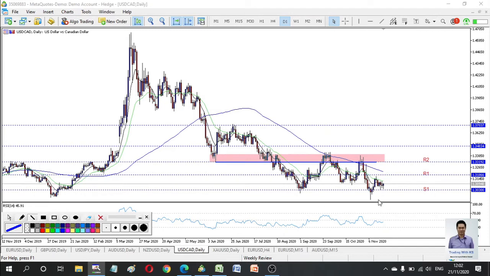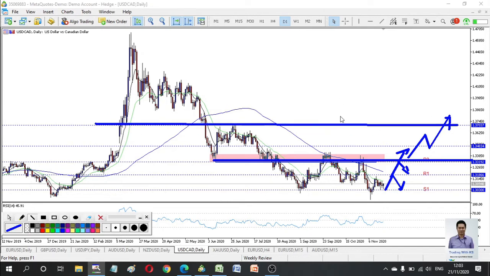What we want to see here is either a rejection and bounce, a possibility to buy, or it comes back to test this area again, a possibility to buy, or if it breaks this area, then you look at the price action whether we want to temporarily go for a buy position. As we said, this is the 50% Fibonacci retracement.